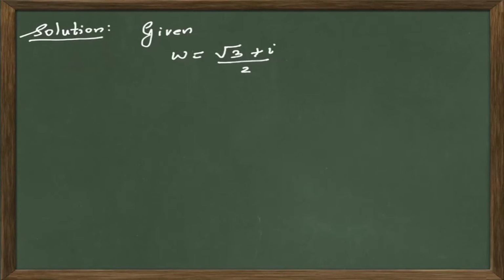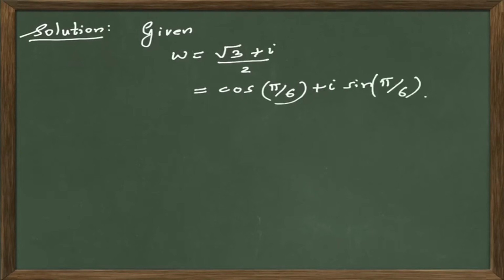We will use polar coordinates to write this omega, which is equal to cos pi by 6 plus i sin pi by 6. There is an advantage of using polar coordinates here. Since we are interested in the powers of omega, we can use de Moivre's formula.